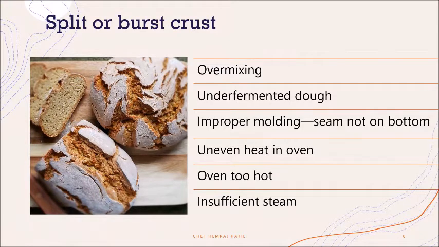In the previous slides also we saw that over mixing means more gluten is developed. And when more gluten is developed, it will have a network of strands of gluten all over, which is very strong. The gases and the steam which are formed during baking will try to escape from the crust.